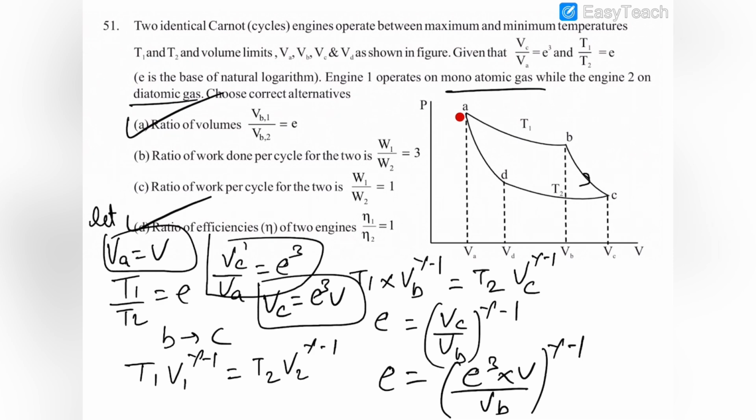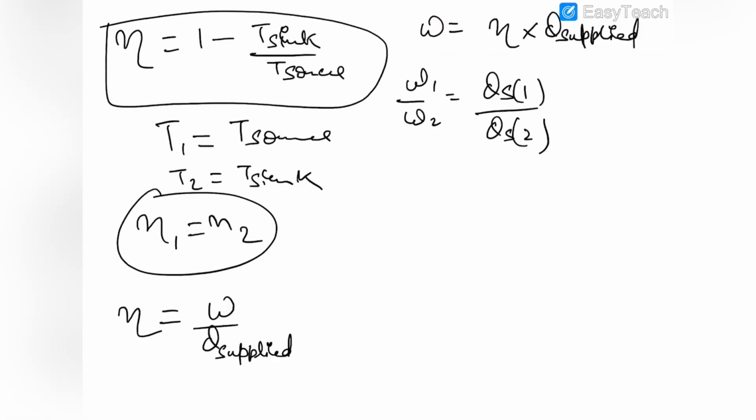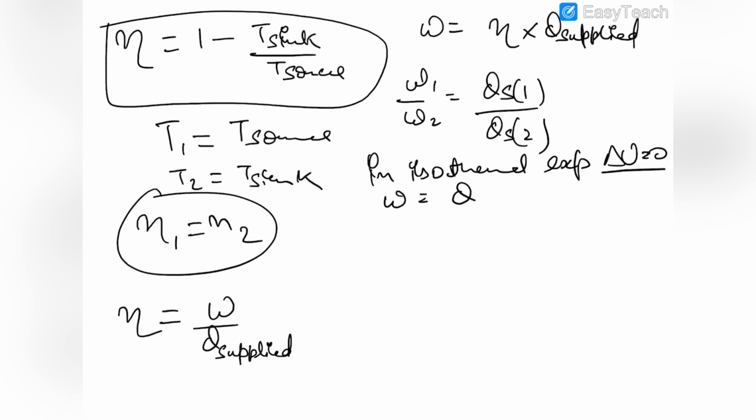In isothermal expansion, first of all, delta U is equal to 0. So work done is equal to heat supplied, which is nRT into ln V final by V initial.